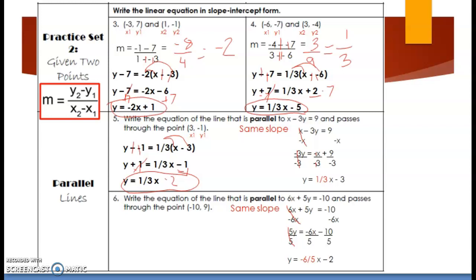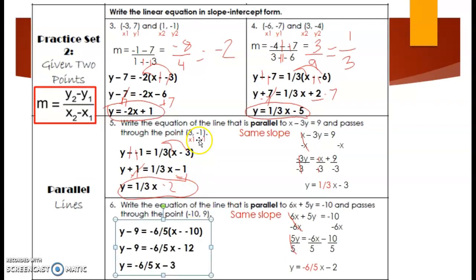If I want a line parallel, I want it to be the same. So again, I plug in that slope and the point they give us. In this case, it's negative 10, 9. That negative 10 is our x1, 9 is our y1.